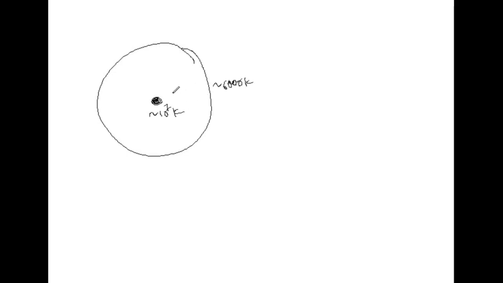You see, in the sun, we know that the internal temperature is very high, of the order of 10 to the power 7 Kelvin. Outside, it is just 6000 Kelvin, right? And there is a net flux of energy.